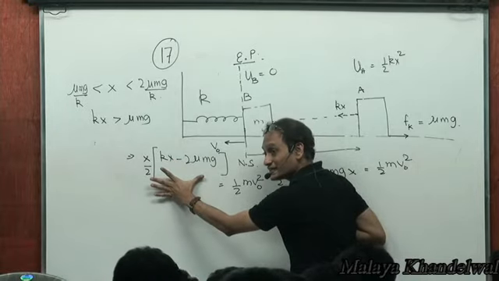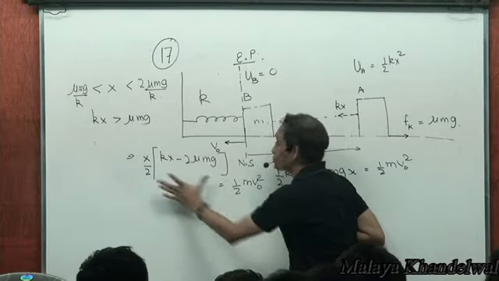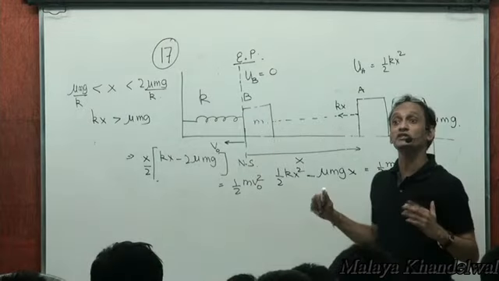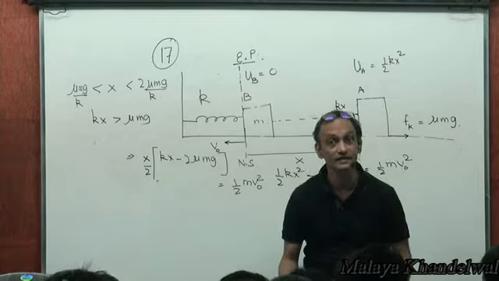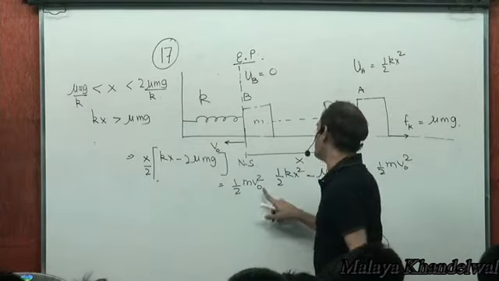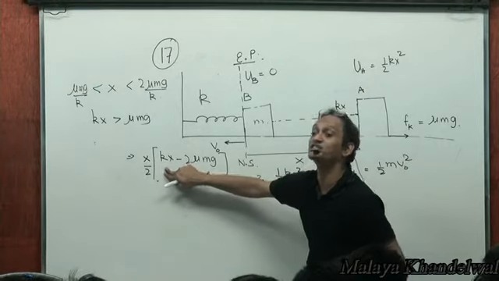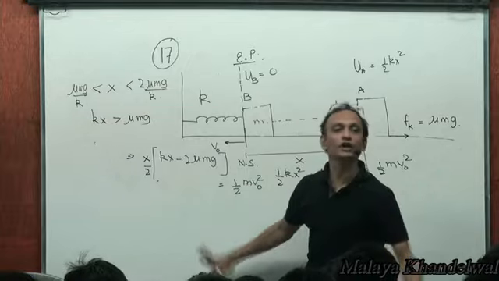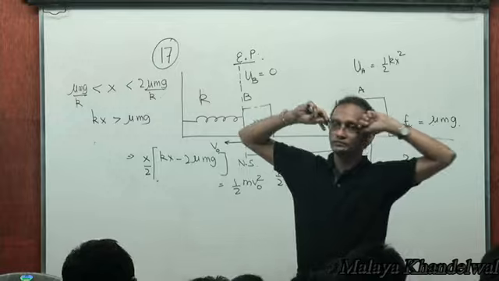So the left hand side is negative, right hand side is positive. So this is not possible. That means the original assumption that it's actually able to reach B is incorrect. It cannot reach B. Even if V naught is 0, the left hand side is still negative. So it cannot reach B. As simple as that. It never does, right?